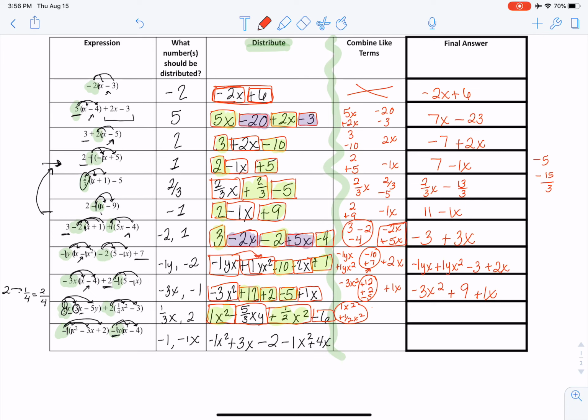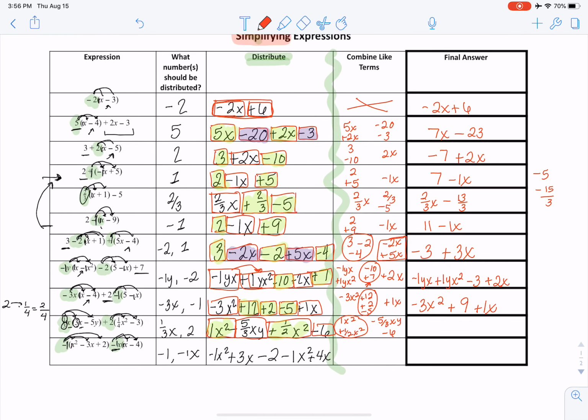This minus 5/3 xy stays alone, and the minus 6 stays alone. All right, 1 plus 1/2 is 1 1/2. So we can say it's 1.5 or 1 1/2 or 3/2, however you want to write it. X squared minus 5/3 xy stays and minus 6 stays.